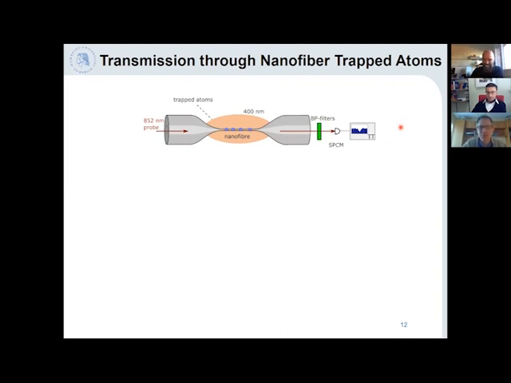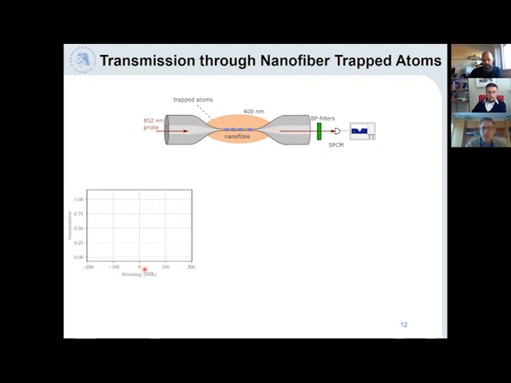So the transmission through the nanofiber trapped atoms is just measured by sending a weak probe light now into our tapered optical fiber, which then via the evanescent field couples to the nanofiber-based atoms. And then we send this light onto a single photon counting module and look at the transmitted power as a function of detuning of this light field, okay?